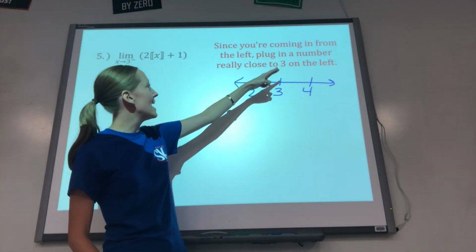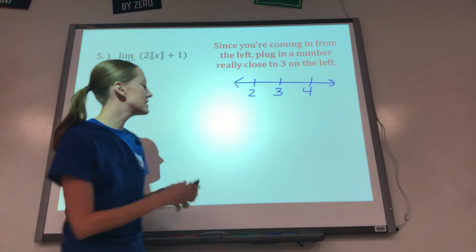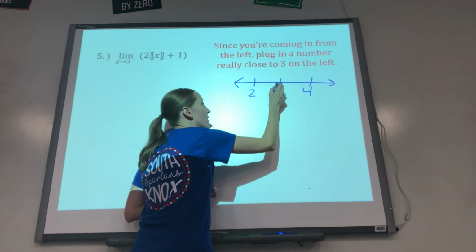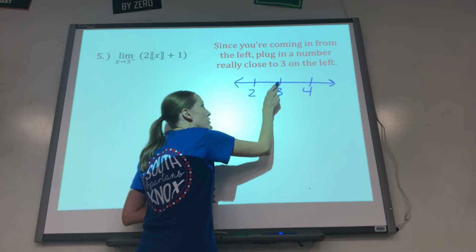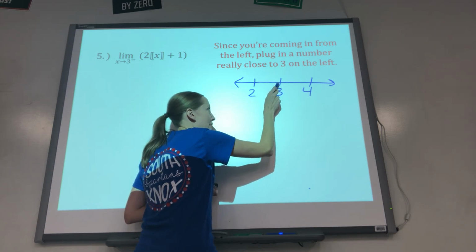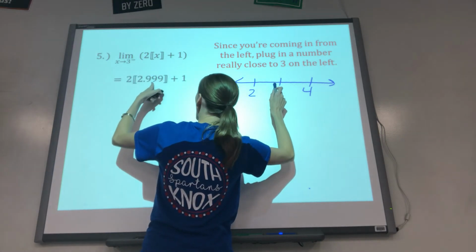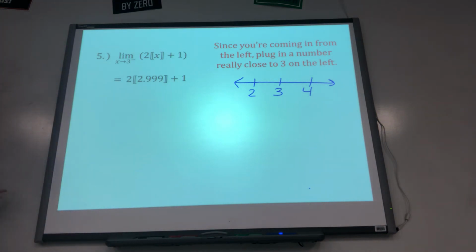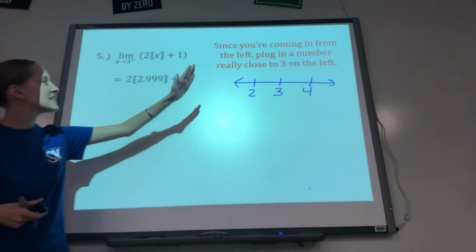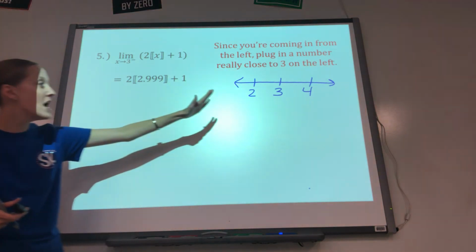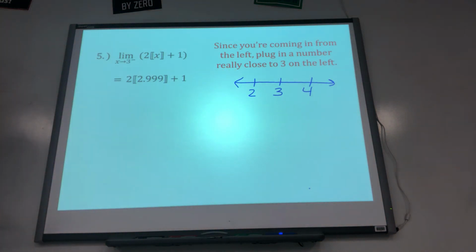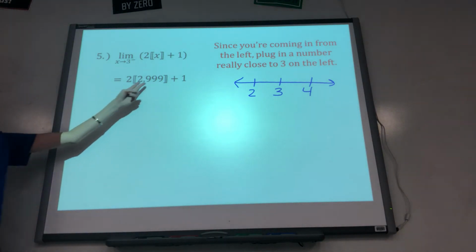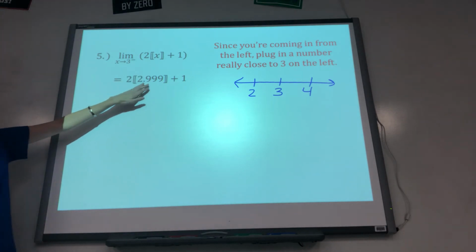If you plug in a number really close to 3 on the left, pick any number on a number line that would be really close to 3 on the left. So like a 2.999 or a 2.99 or even 2.9 would work. But basically it's a number really close to 3 but a little bit smaller than 3 because we're coming in from the left. It doesn't matter how many 9s you put here, it'll still work the same way.